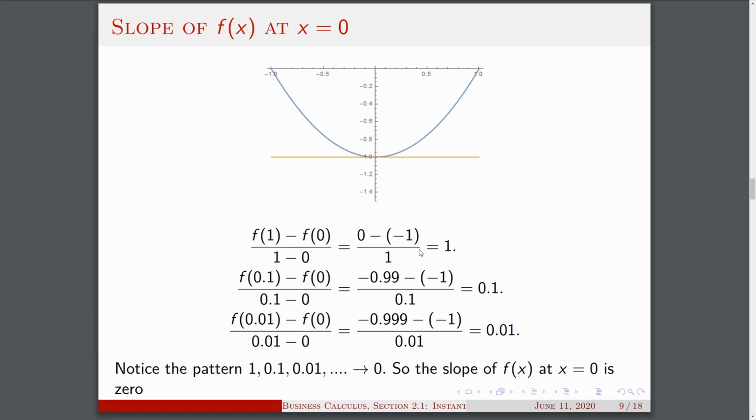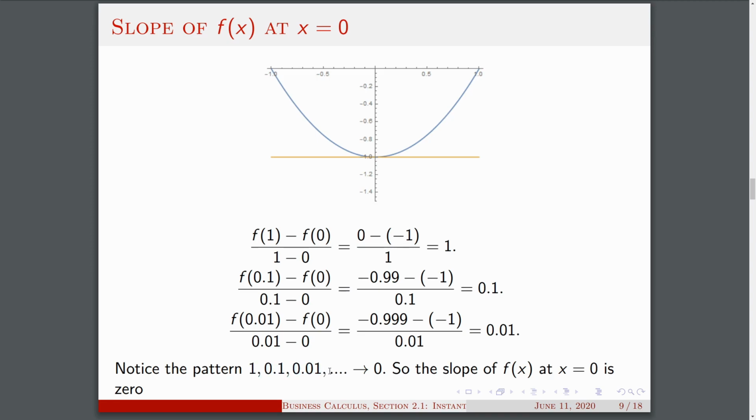So we notice a pattern. We're always looking for patterns in math, and let's see if we can spot the pattern here. 1, 0.1, and 0.01. If we keep doing this process, if we keep getting closer and closer to x equals 0 for our second point, notice what the slopes are doing.